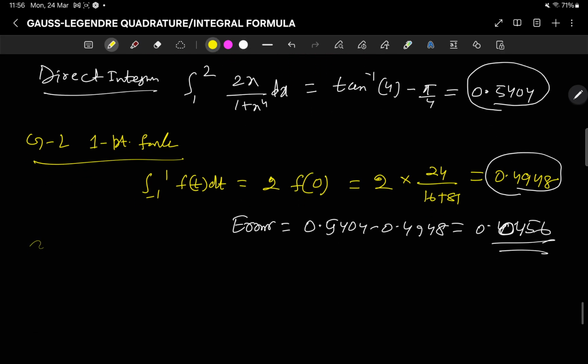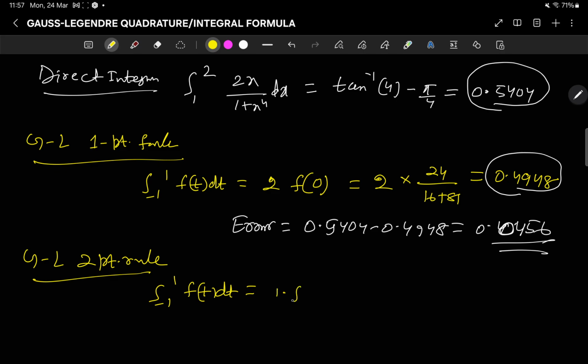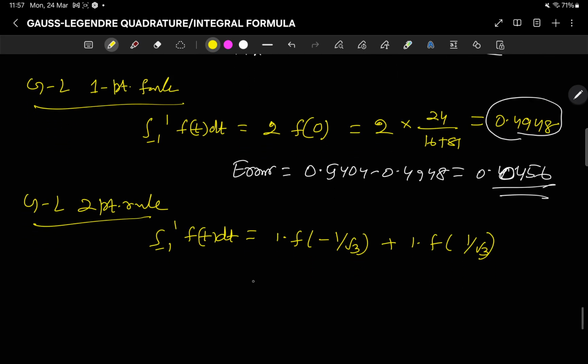Now if you have your Gauss Legendre 2-point rule, here integral minus 1 to 1 of f(t) dt is equal to 1 into f of minus 1 by root 3 plus 1 into f of 1 by root 3. If you simplify it, it will be 0.3842 plus 0.1592, and this is your 0.5434.